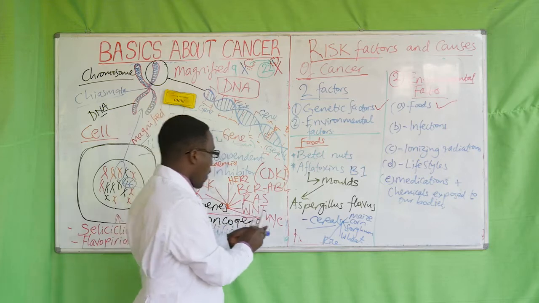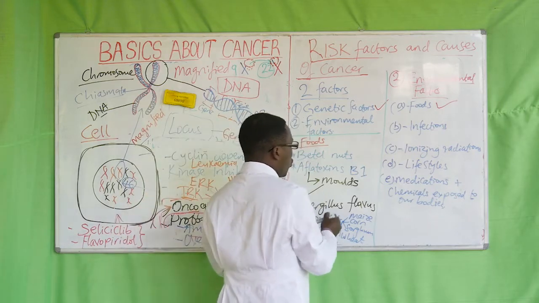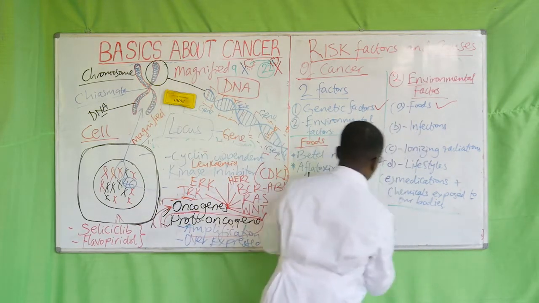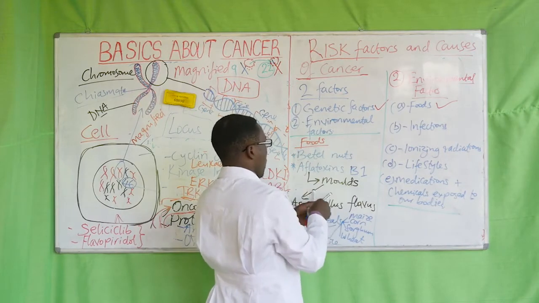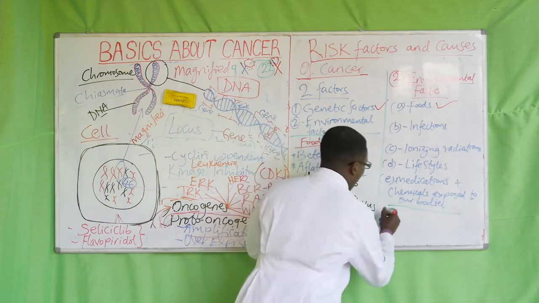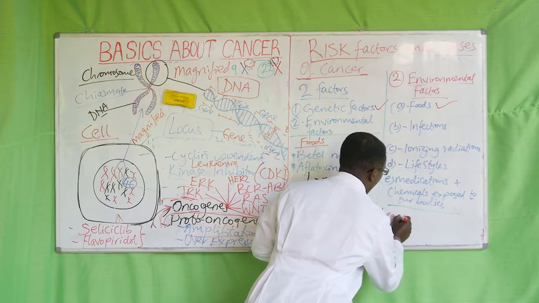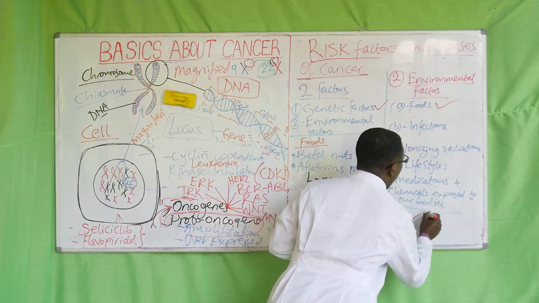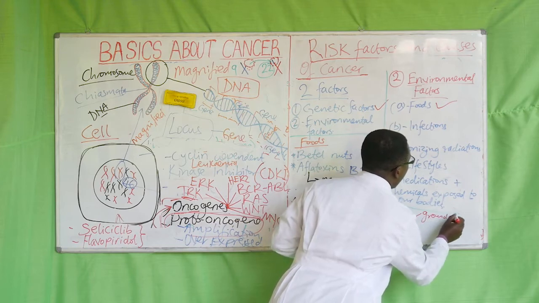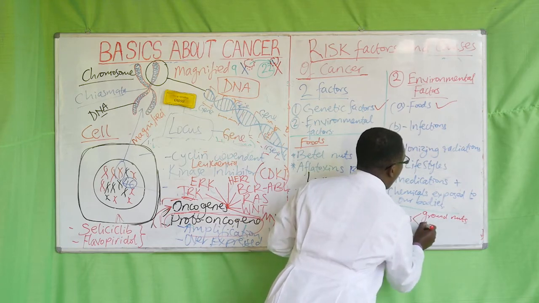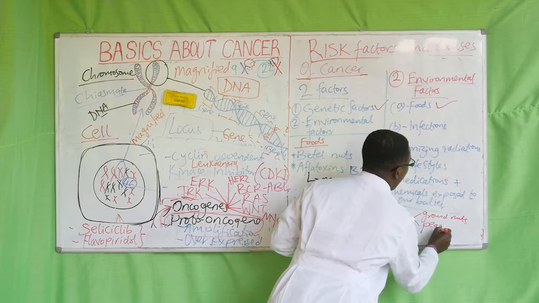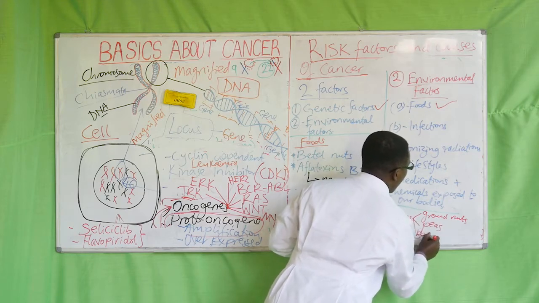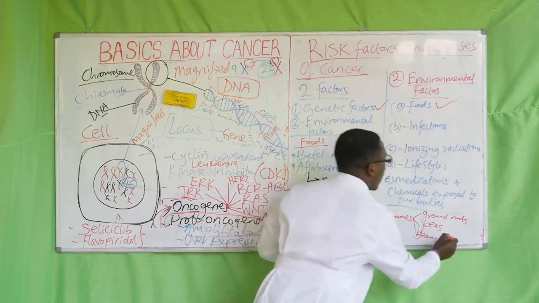Then we have also the legumes. Examples, we have ground nuts. We have peas, beans, etc.